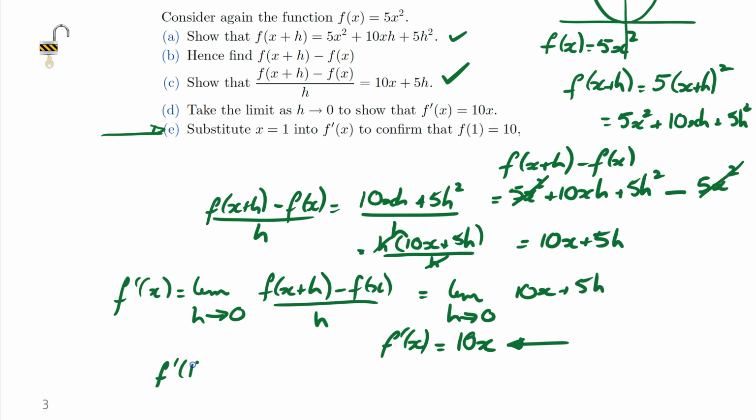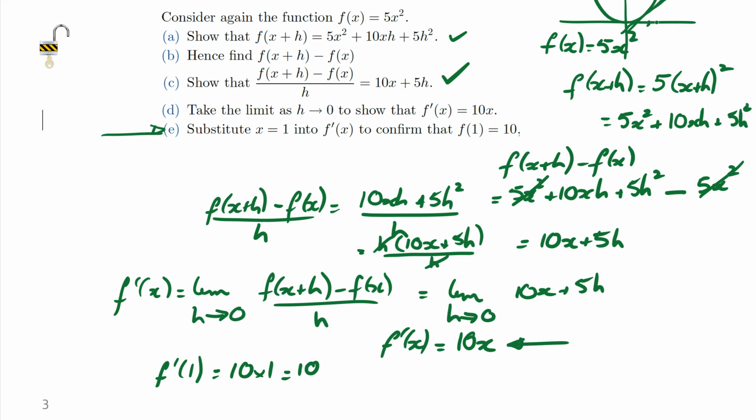F dash of 1 equals 10 times 1, which is 10, which means that when we get to x equals 1, so let's slide back up to our parabola here. When we get to x equals 1, which say it's around there somewhere, then the slope of the tangent is a fairly big number if this was drawn to scale.